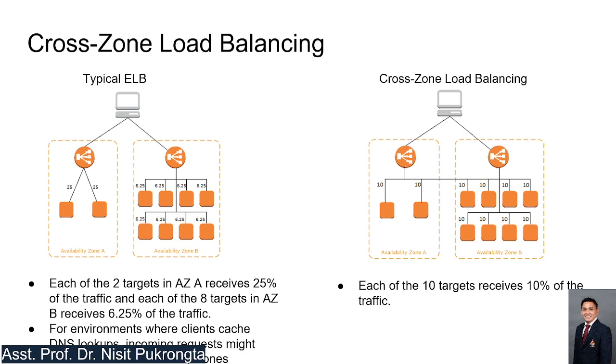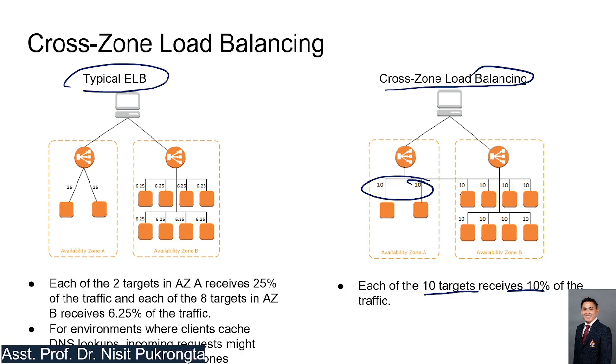And next, cross-zone load balancing. For a typical ELB with load balancing, if we have 10 targets, each receives 10% of the traffic. It is shared evenly, every instance gets 10%. But if the servers in availability zone B are more than in availability zone A, right?